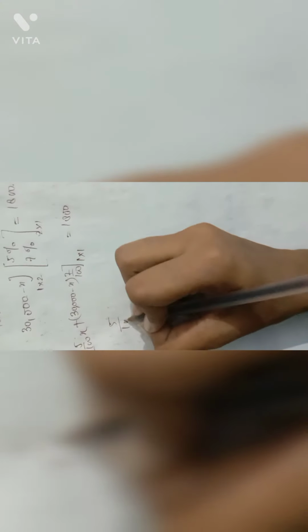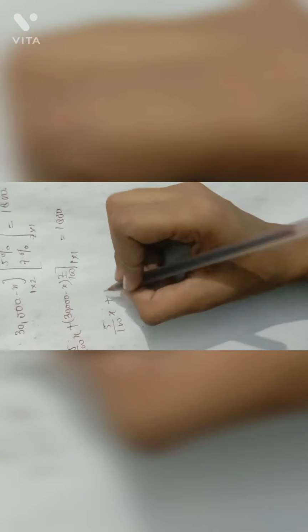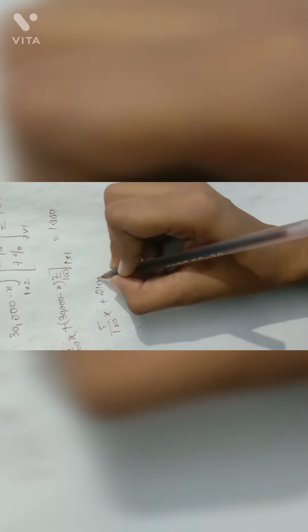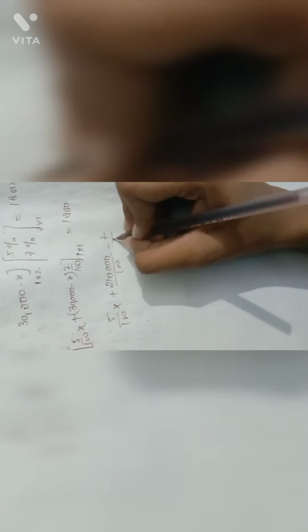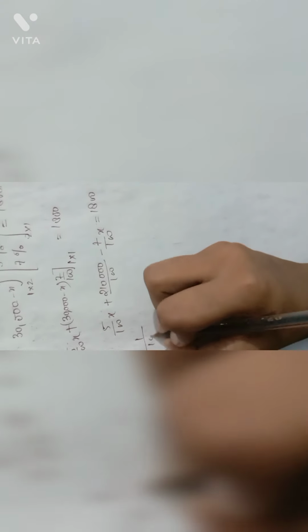If we add these, 5 upon 100 of X plus 210,000 upon 100 minus 7 upon 100 X, which equals 1800. Now we take 1 upon 100 common.